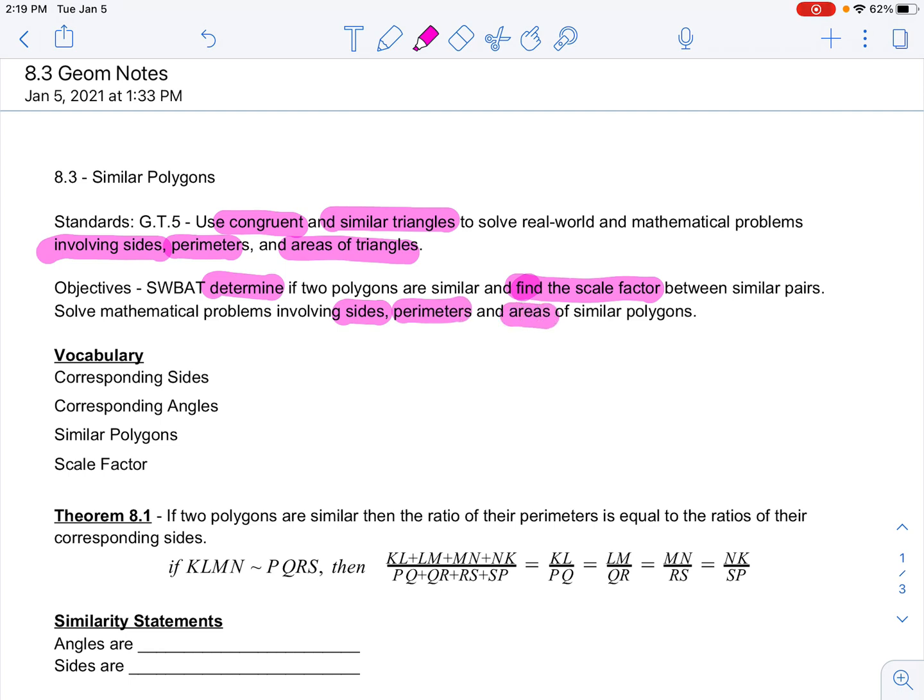So let's talk about the vocabulary very quickly and see if we can get down to some brass tacks. When we're talking about corresponding sides and corresponding angles, we are talking about the sides and the angles that match up on two shapes of different sizes.